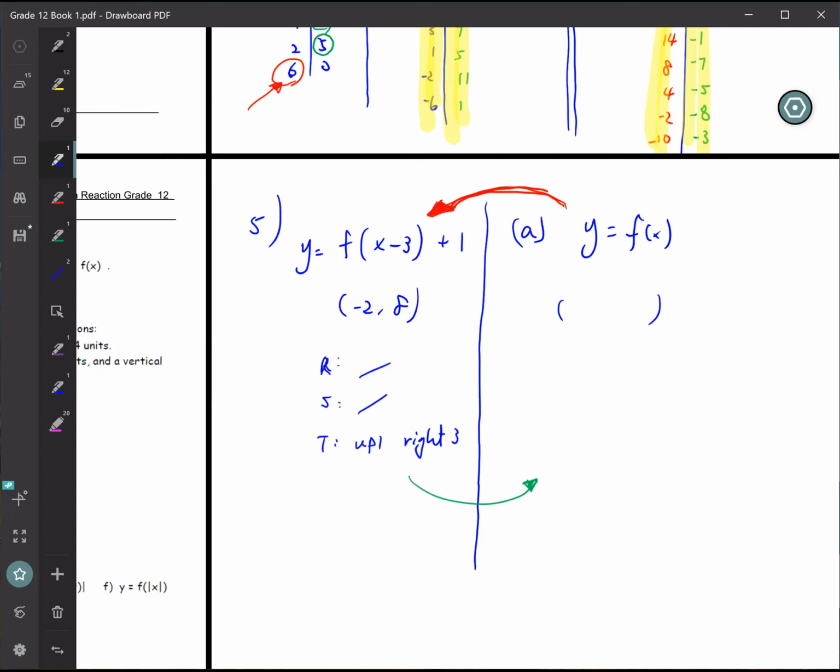Okay, so down 1, left 3. Where is the point then, Amanda? For x, okay, let's start with x, right? -2, I want to move it to the left 3.